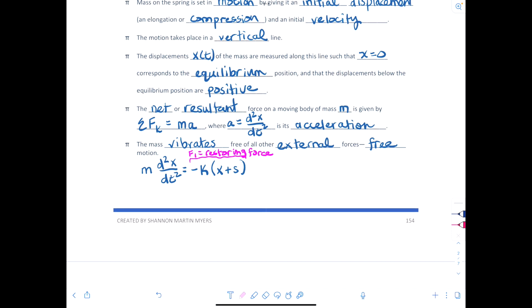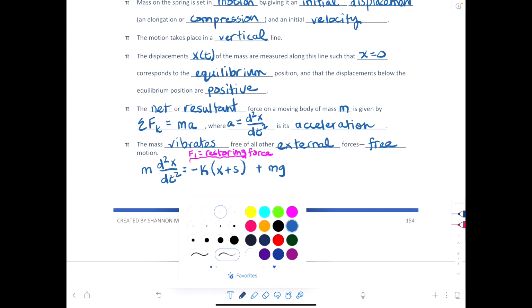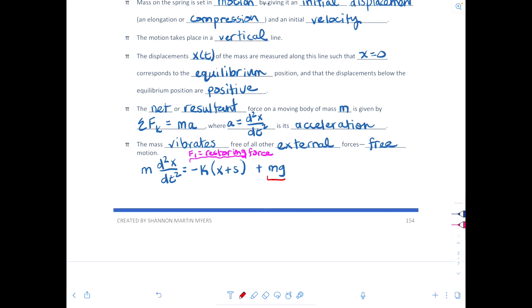Cool? All right, now we also have plus m times g. M times g is F2.